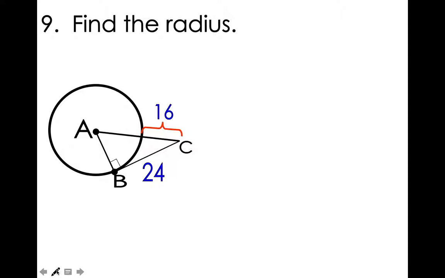All right, so the first thing you should have done right here, since it's asking us to find the radius, is that I need to find that and that.